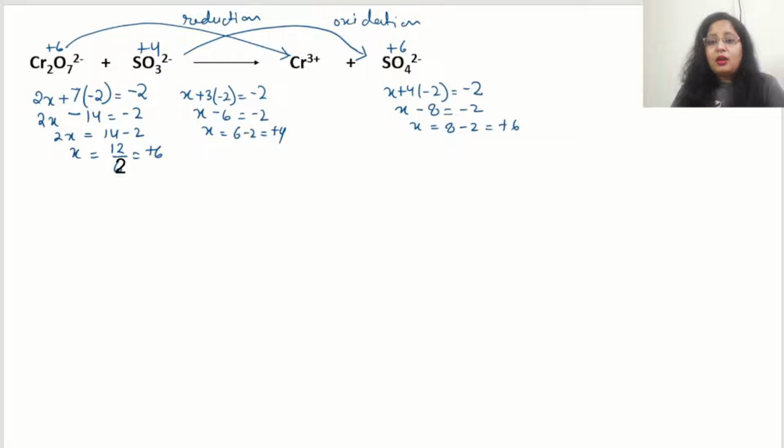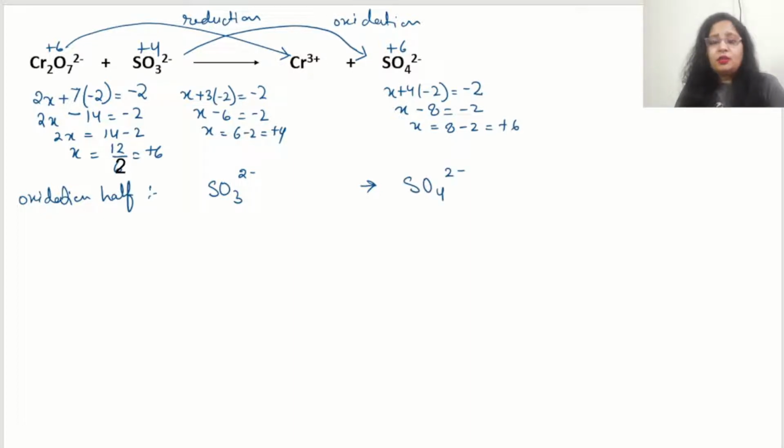After determining oxidation and reduction, next step is to write the half reaction. So we will write the oxidation half. Oxidation half will be SO3 2 minus, and that will give SO4 2 minus.